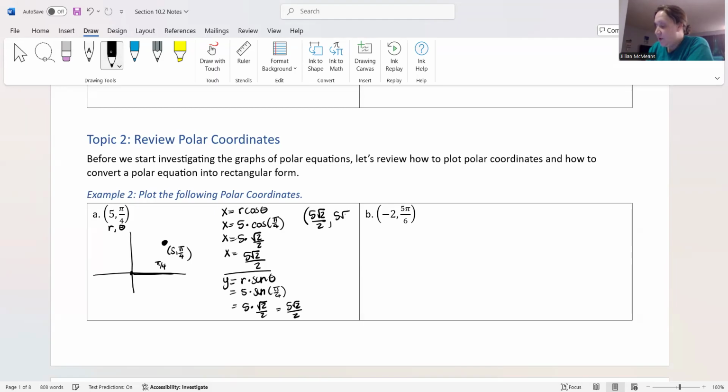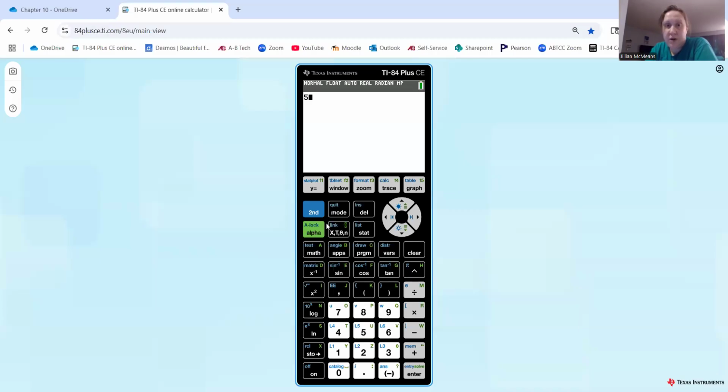Now, for the sake of fun, let's eyeball and see what this point would look like if we were to get a decimal estimate. So let's go to the calculator. We want to know what 5 times square root of 2, divided by 2 is. So we would get about 3.5, okay?